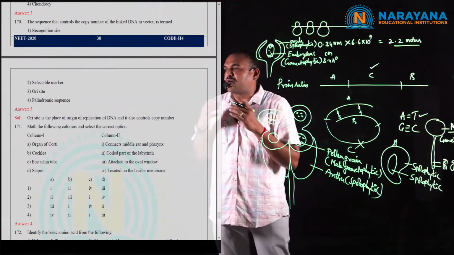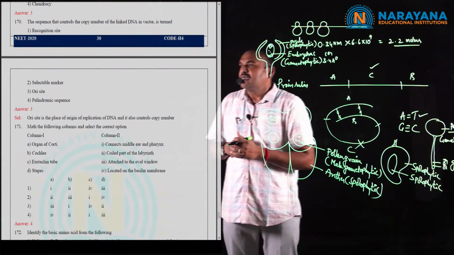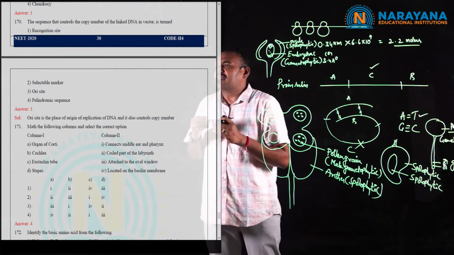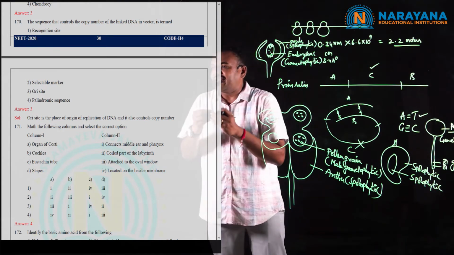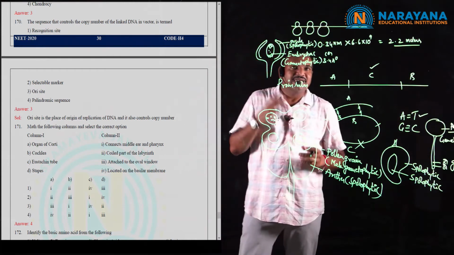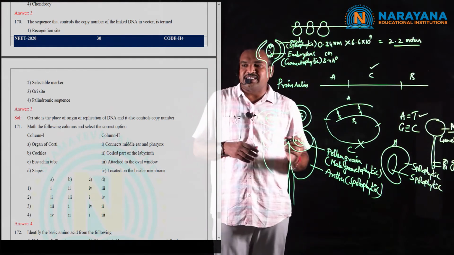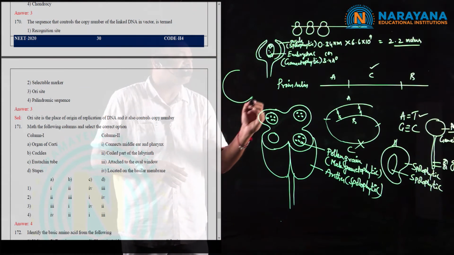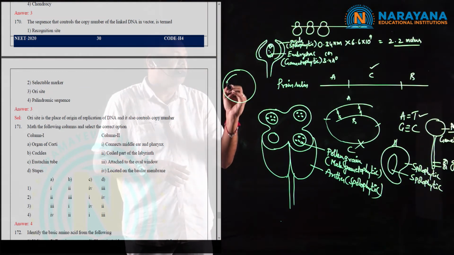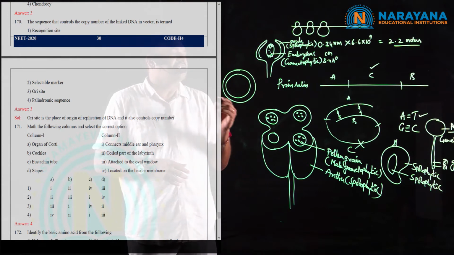And question number 170, the sequence that controls the copy number of the linked DNA in a vector is termed as. Here only I would like to represent the structure of pBR322, that is plasmid Bolivar Rodriguez 322.